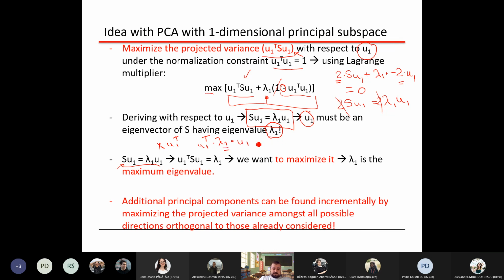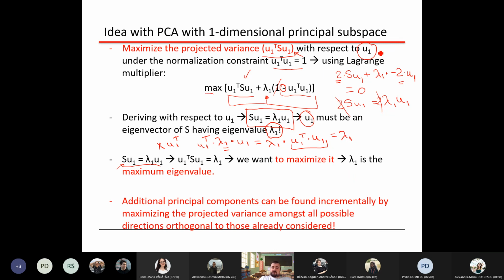Since lambda 1 is constant, this is equal to lambda 1 multiplied by u1 transposed multiplied by u1. And since we have a normalized vector, it means that this is equal to lambda 1.